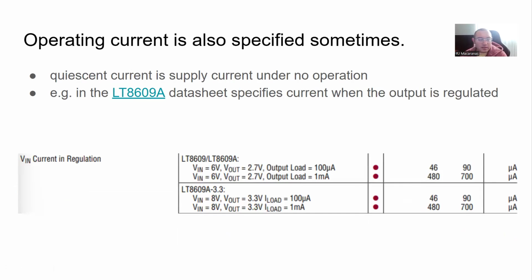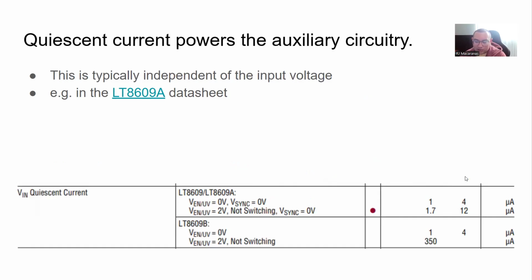And sometimes apart from the quiescent current, the data sheets will specify an operating current. In this case, they specify the current when our switching converter is in regulation, right? So when the output voltage is actually regulated and it's at some value, this is how much current is going to be pulled from that input voltage source in order to power up the different devices. You can see it's a considerable change from just the regular quiescent current.